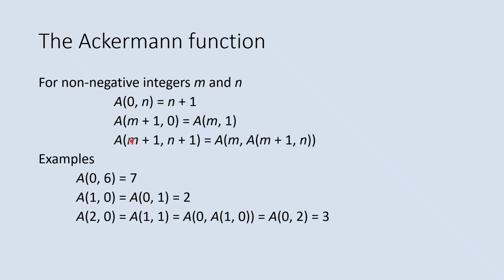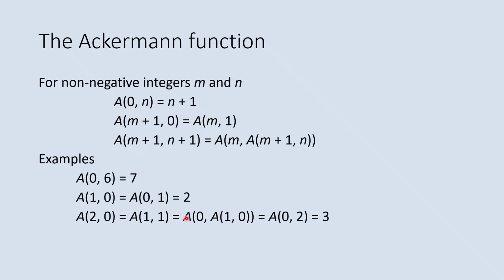And now we're in the third row. So what happens? The 1 is decreased to a 0. So we have A of 0, and then the second part is going to be replaced with this other function call again. So what is it? We have A of the original input value, that's a 1, and then the other input value, the n, is decreased. So 1 goes down to 0.